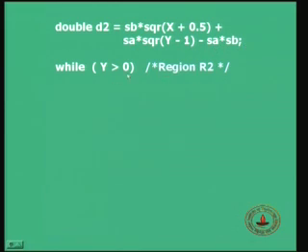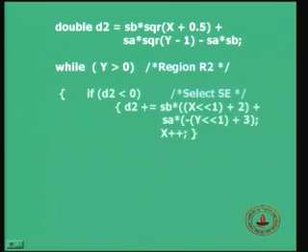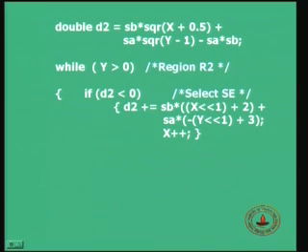So, we put a while loop for region R2, and keep doing this as long as y is positive. The terminating condition was y equal to 0, so we keep looping while y is positive. In this loop, we check if the decision variable d2 is less than 0, that is, negative.